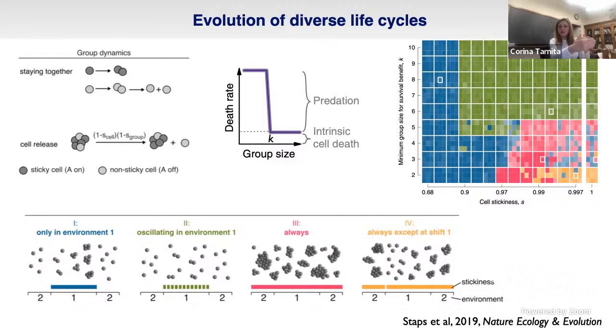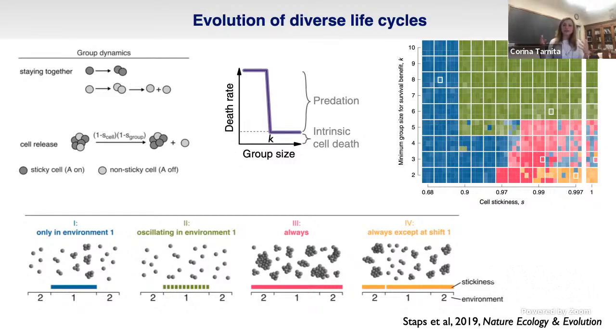You pay the cost of reproduction without really ever getting big enough to get to the benefits of escaping predation. And so what you observe is one that keeps turning on and off gene A during environment 1. That's a pretty boring one, but I just wanted to start there to give you a sense of how to read these. The other one would, for instance, be the pink one or red one.